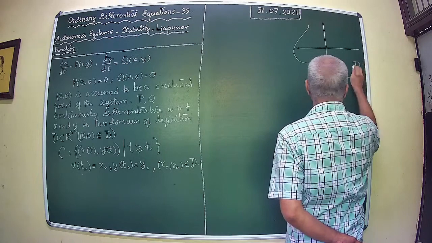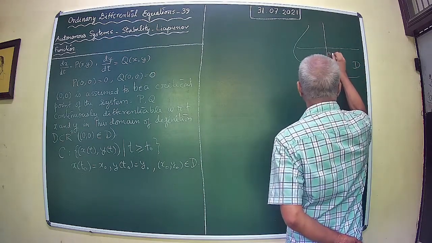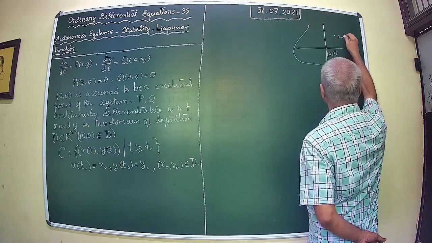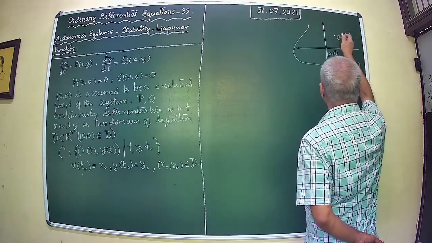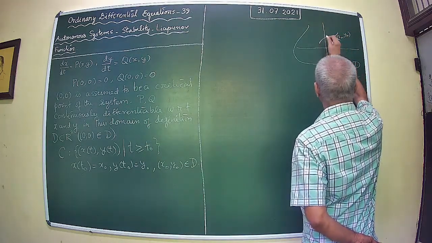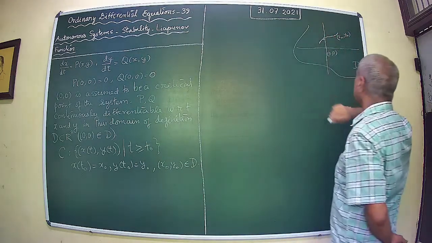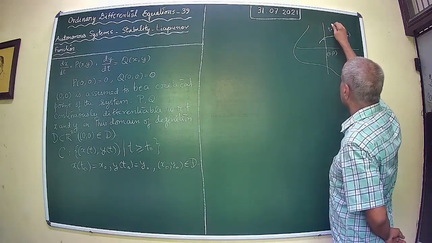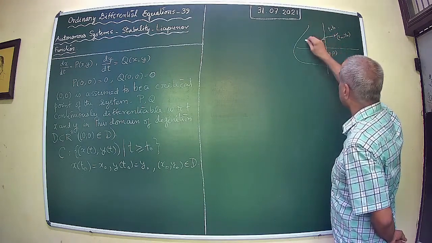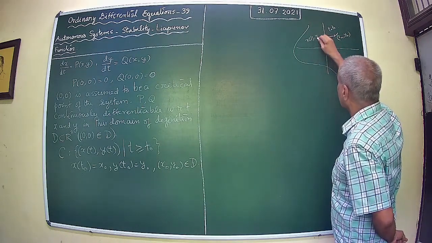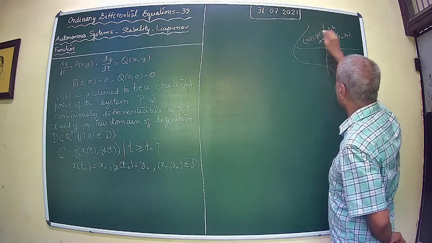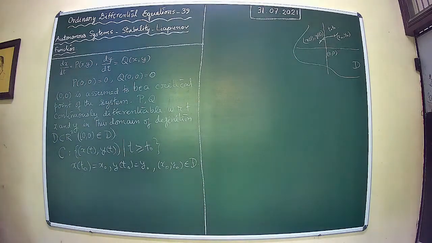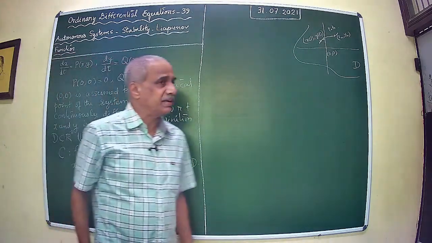This is some D and this is (0, 0). So (x naught, y naught) is some point here, and we are looking at a characteristic that passes through that, say something like this. And this is at the time t equal to t naught. So an arbitrary point is (x(t), y(t)).